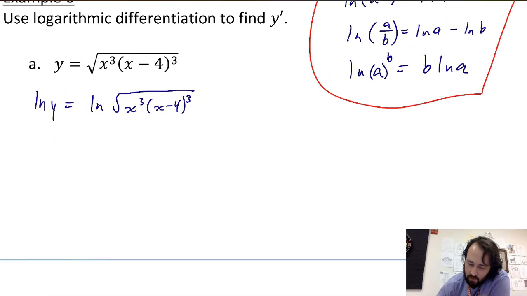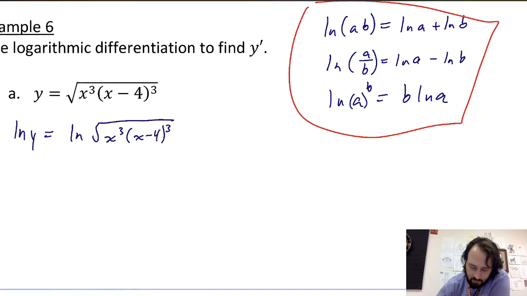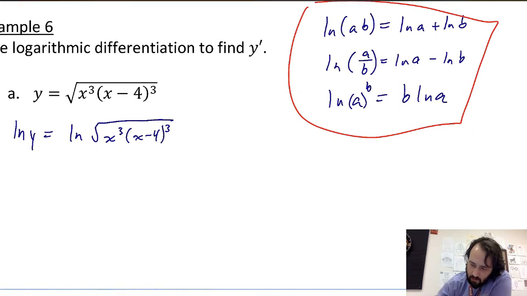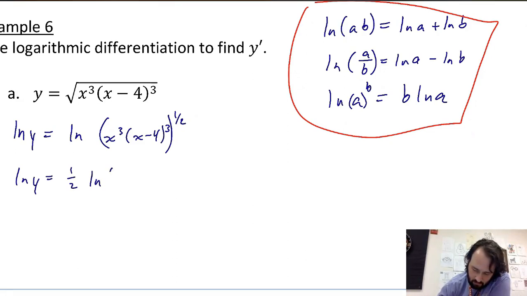So if I use my log rules here, well, this square root, I'm going to rewrite that as to the 1/2 power, because what that allows me to do is move that 1/2 out front. And then on the inside of that log now, I have a multiplication.